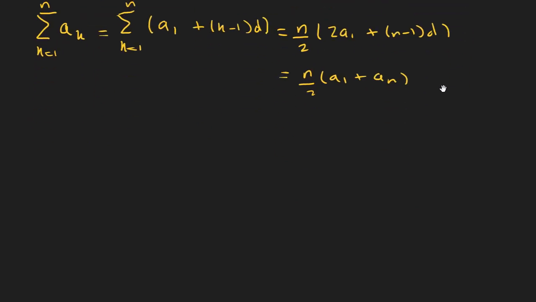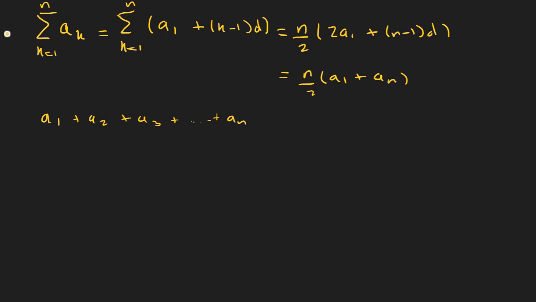And if we look at what those terms are, we would see that those terms are a1 plus a2 plus a3 all the way down to our nth term, so an.